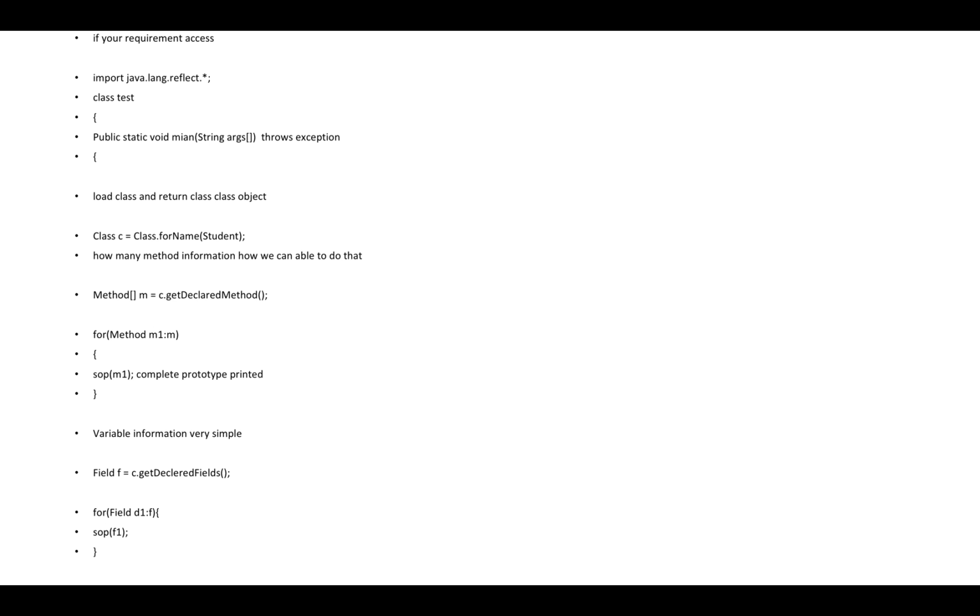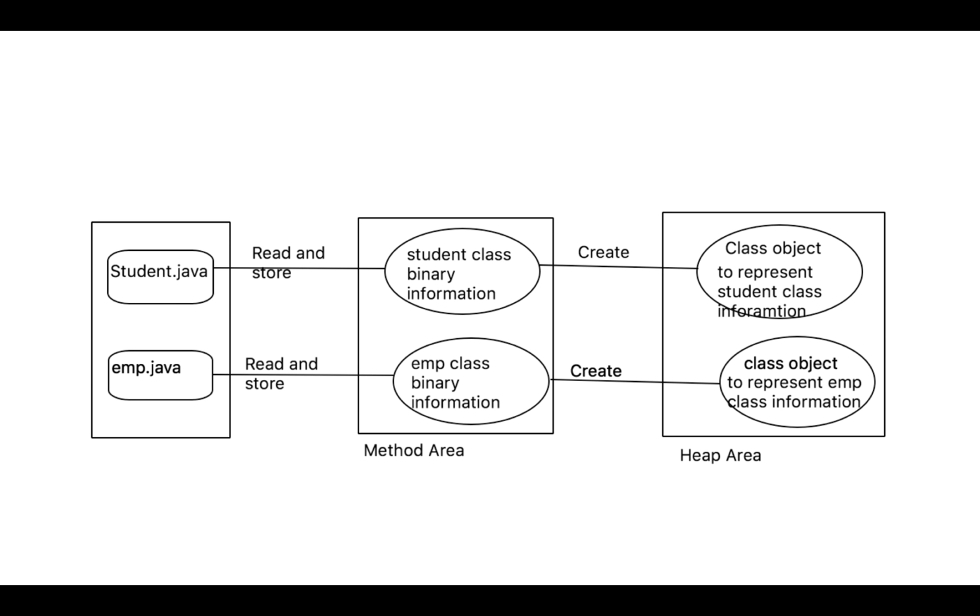If you want to access all the variables and methods, we can create the class object, and from that class object we can call the method getDeclaredMethods to get the method information. And if you want to get the variable information, then we have a different method called getDeclaredFields.